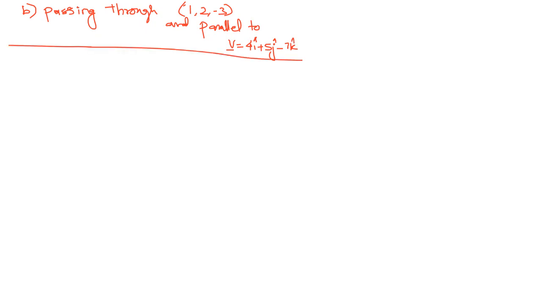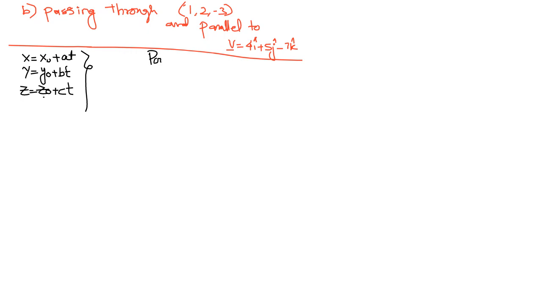How can we find the parametric equations? In the three-dimensional case we have three parametric equations: x is x naught plus at, y is equal to y naught plus bt, and z is equal to z naught plus ct. We have to find x naught, y naught, z naught, a, b, and c.